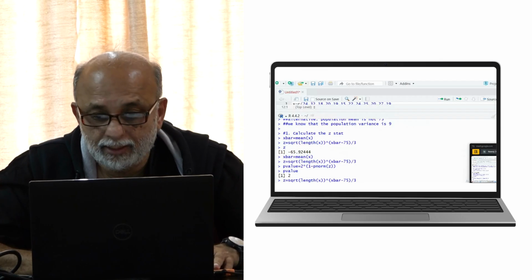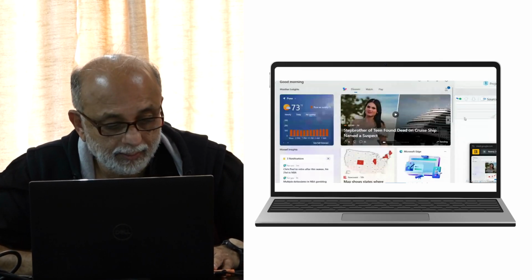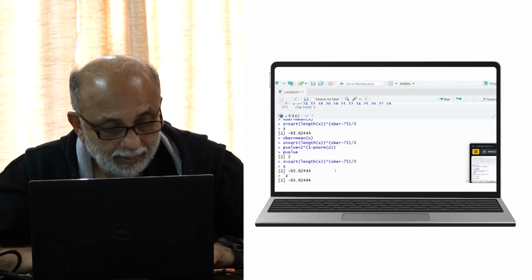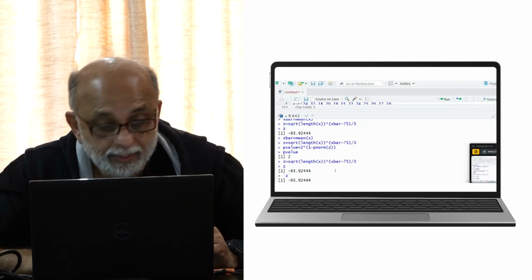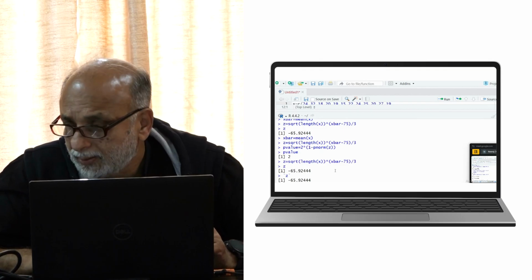Is this 3, the variance, divided by the whole or just with x bar minus 75?